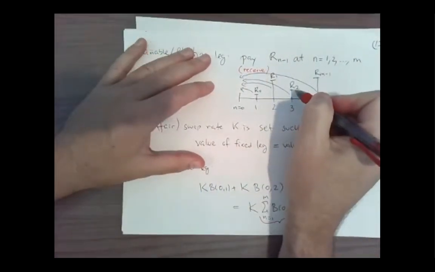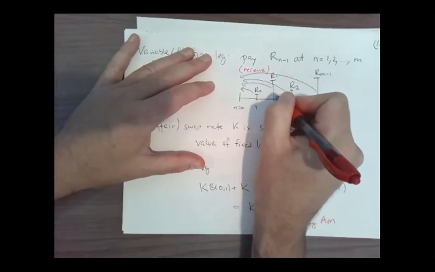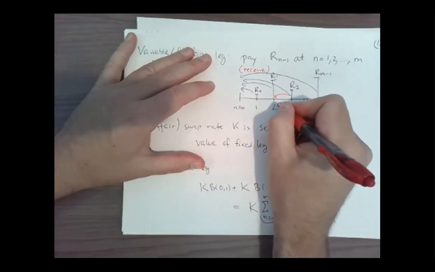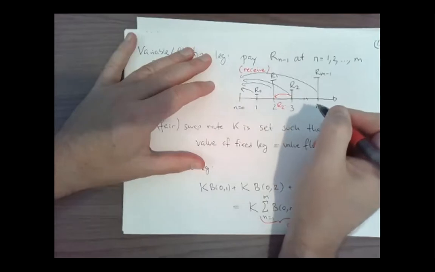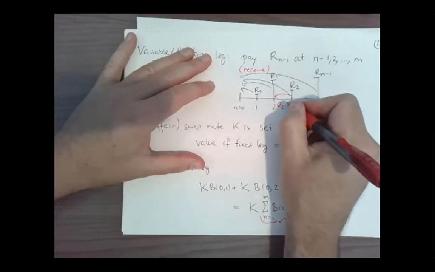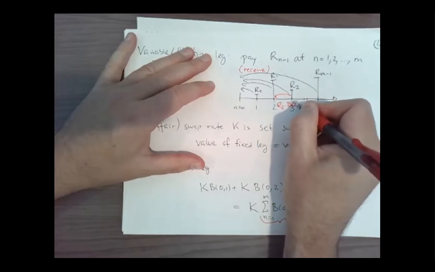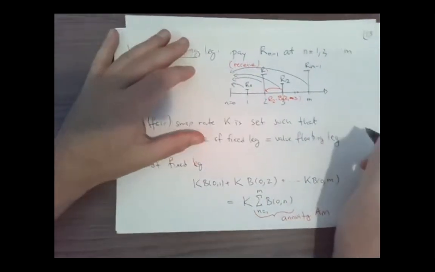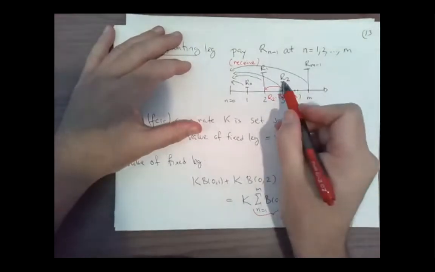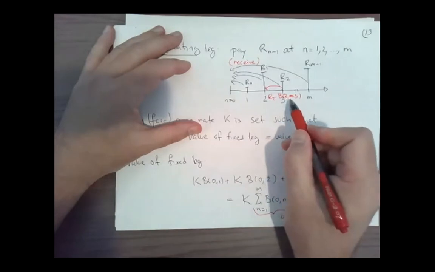If I wanted to move this R2 payment just back to time 2, the way that I would do that would be to say R2 times, because this is already F2 measurable, I can just multiply it onto a zero coupon bond that works between 2 and 3. So I can move this R2 payment from time 3 back to time 2 simply by multiplying onto the zero coupon bond.